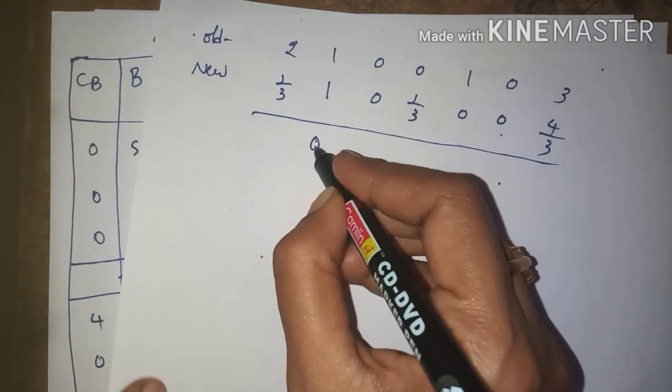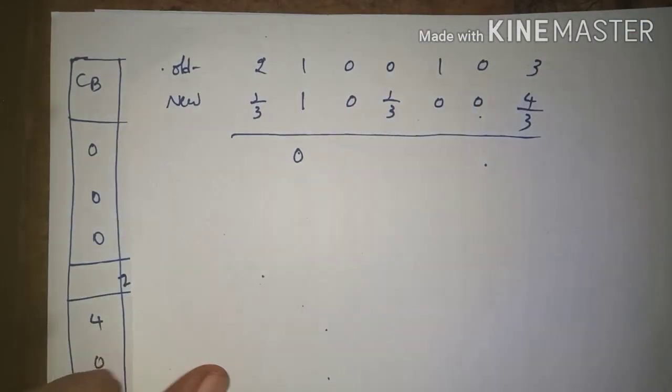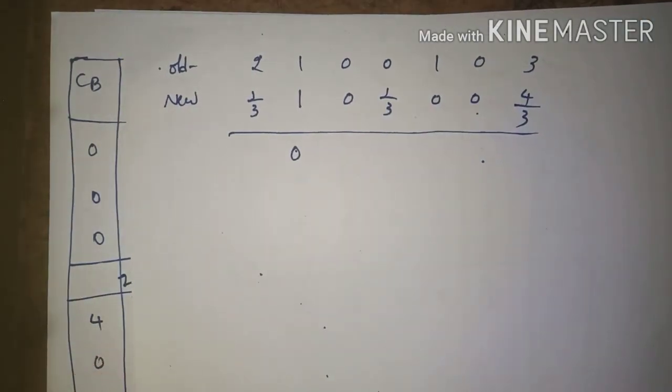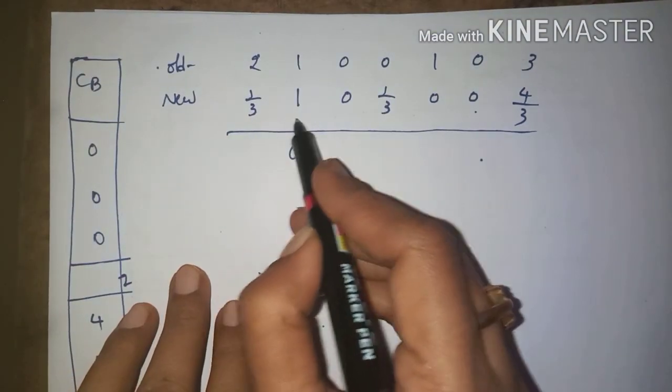To get 0 here, do I have to subtract or add? I have to subtract.